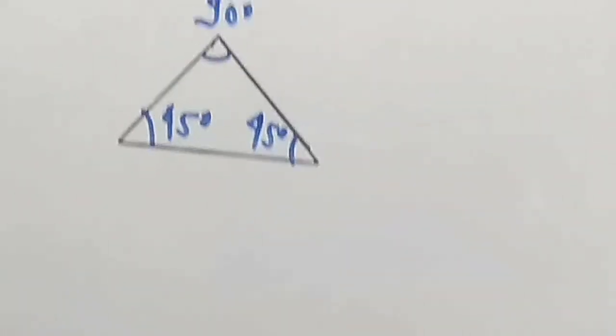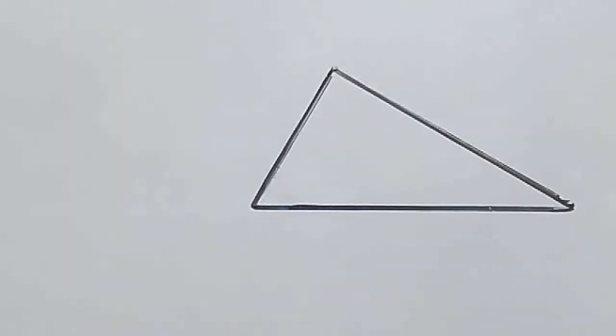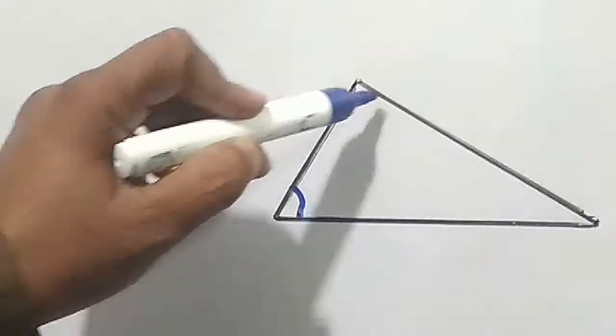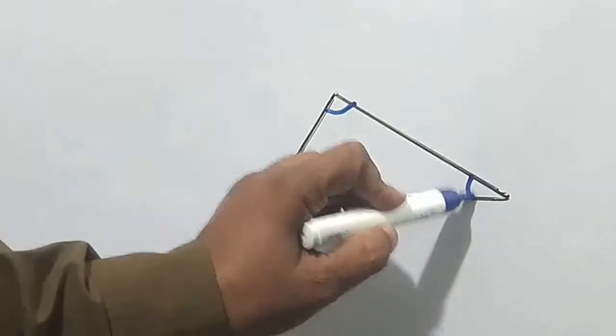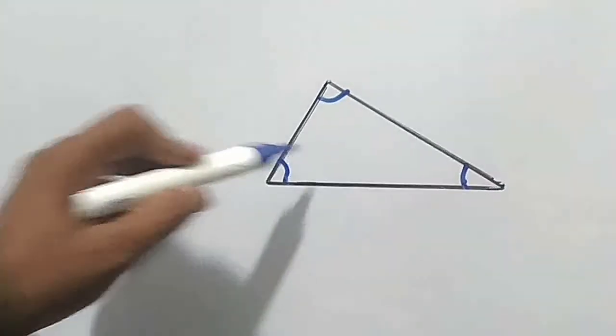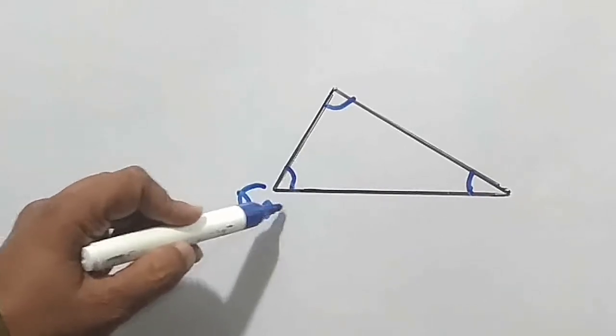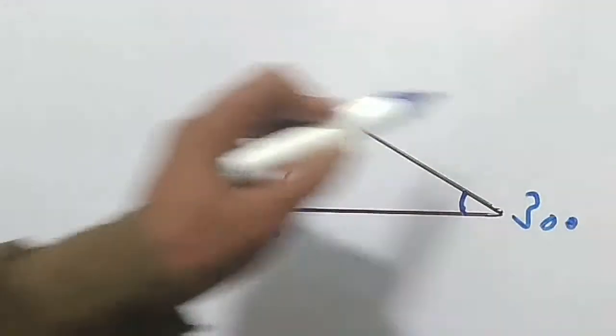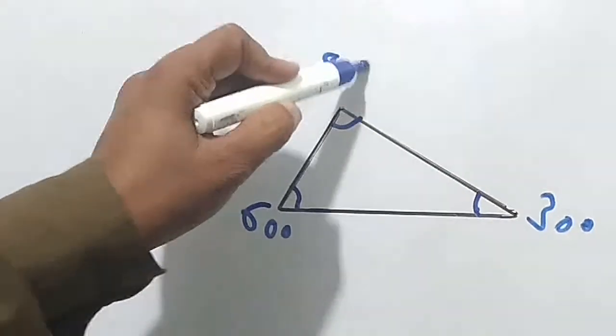Now we are talking about the second. This one we drew like this, and if we measure the angles with the help of the protractor, this is the measurement: it is an angle of 60 degrees. This one is an angle of 30 degrees, and this is again 90 degrees.